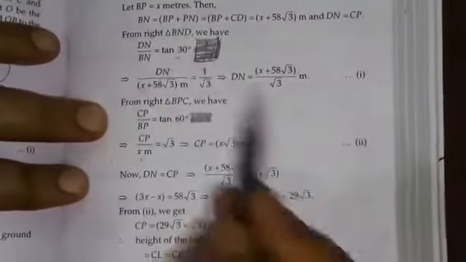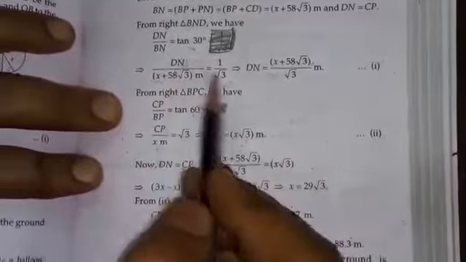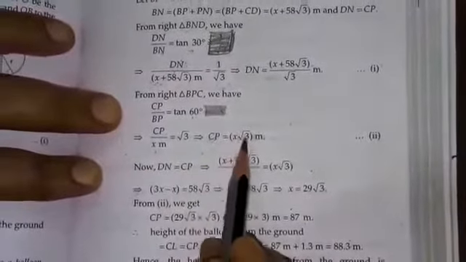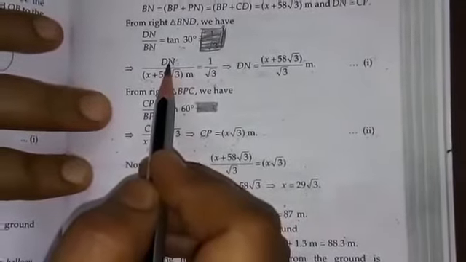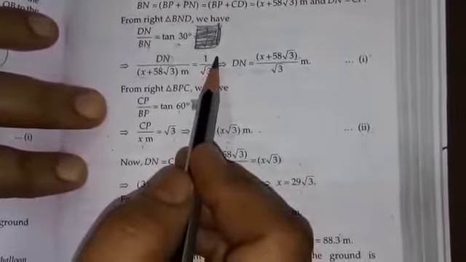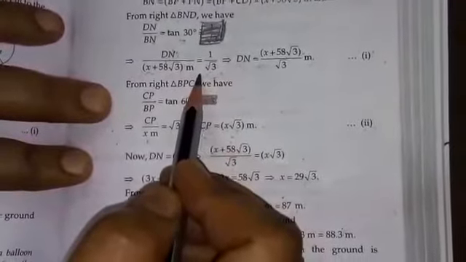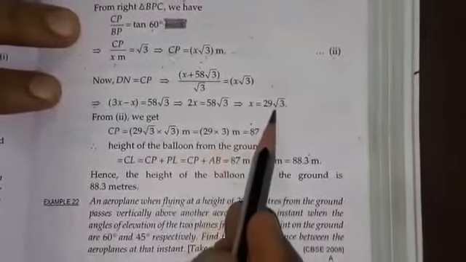So you can substitute that in the first equation. DN is equal to CP, correct? So CP is X root 3. Use that here. DN is nothing but CP. So by cross multiplying, we can find the value of X. We'll get the same value. The value of X will be 29 root 3.